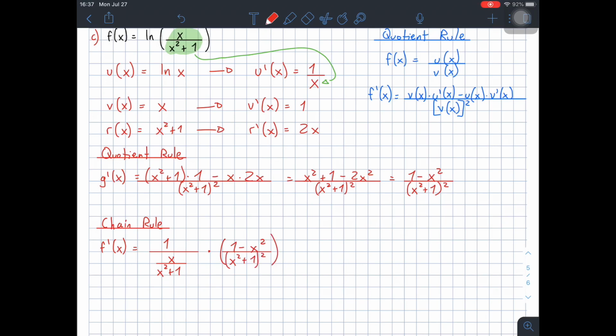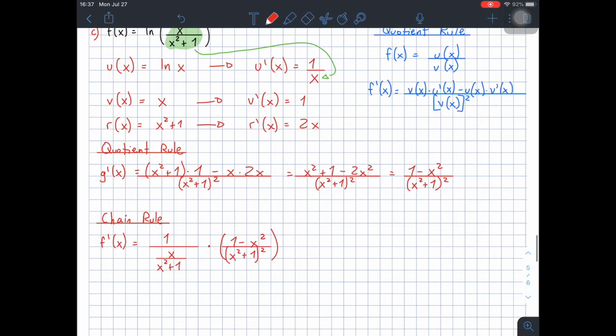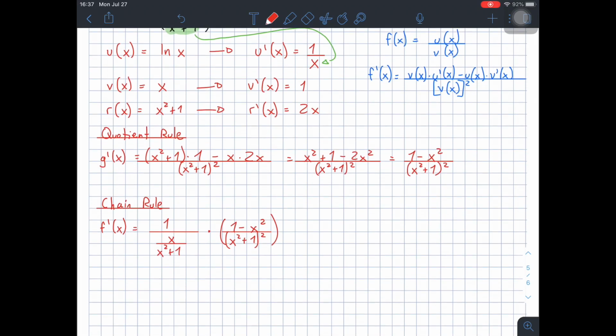Okay, so then I need to simplify this. If I simplify this, I can take this up here, right? So this would be x squared plus 1 over x times 1 minus x squared over x squared plus 1 squared.